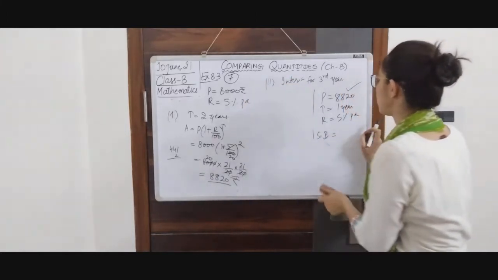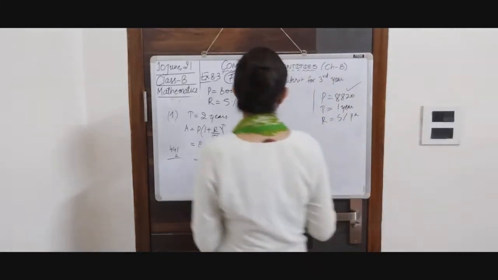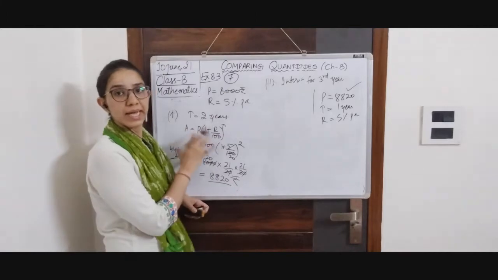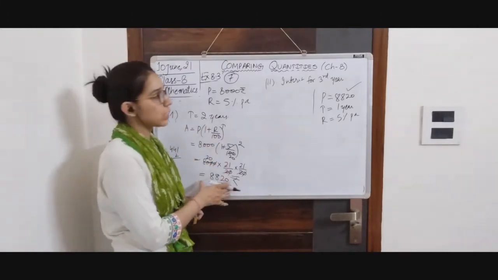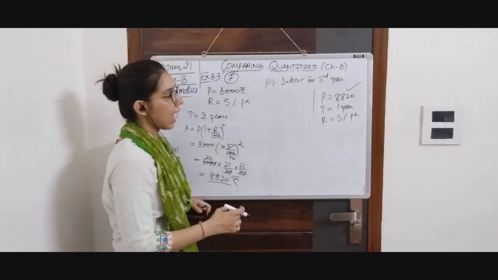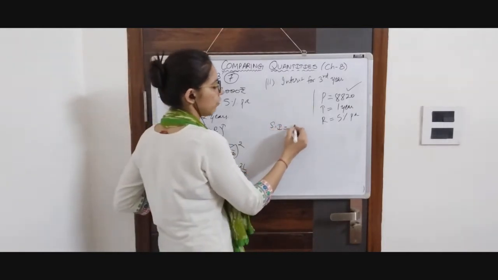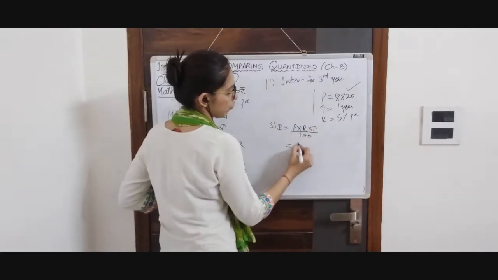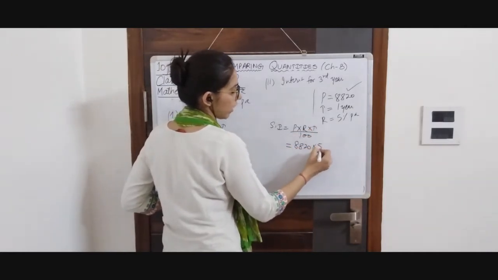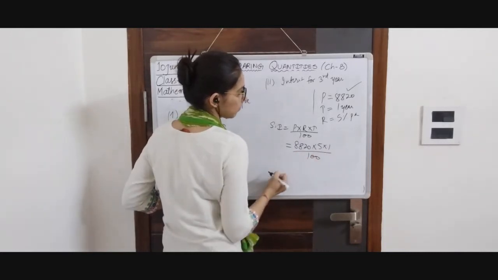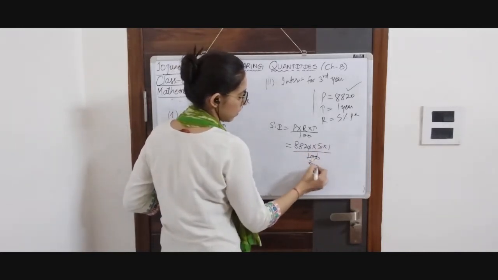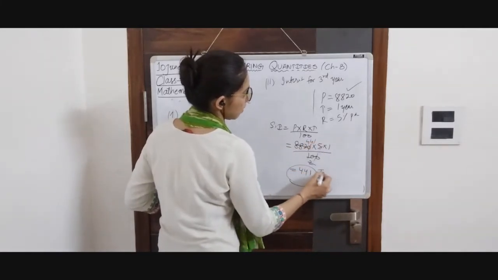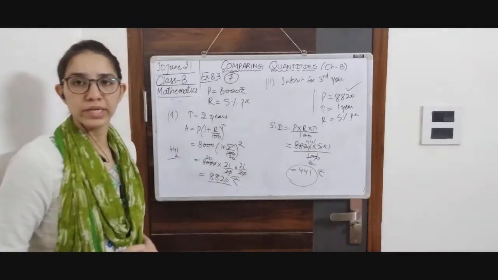In other cases also, if we have to calculate for 1 year, then take the amount you got after a certain time period as principal for next year and calculate simple interest. It will be P into R into T by 100, which will be 8820 into 5 into 1 by 100, which is 441. So interest for third year will be 441.